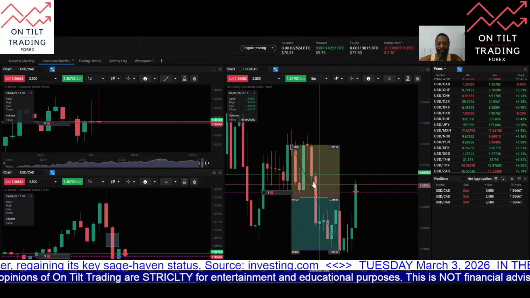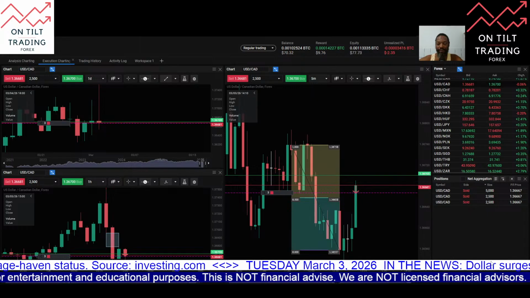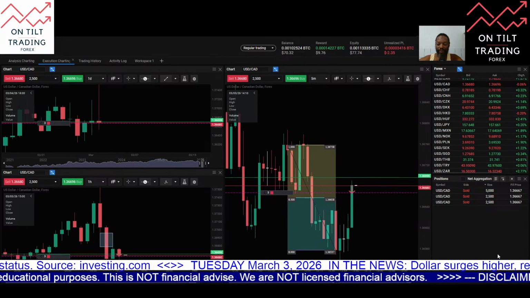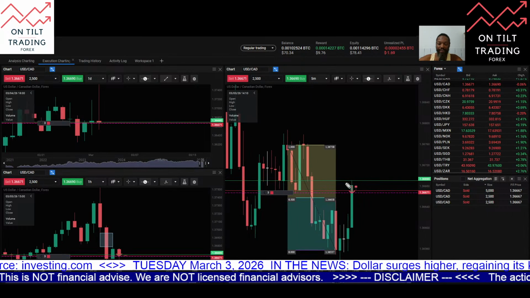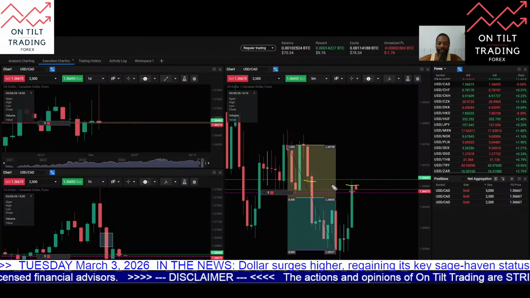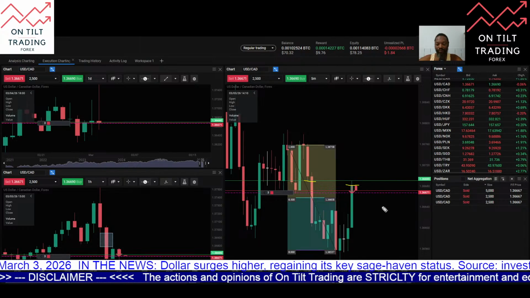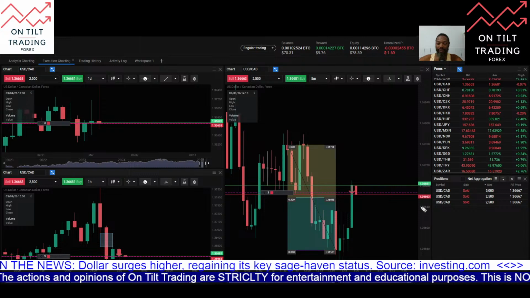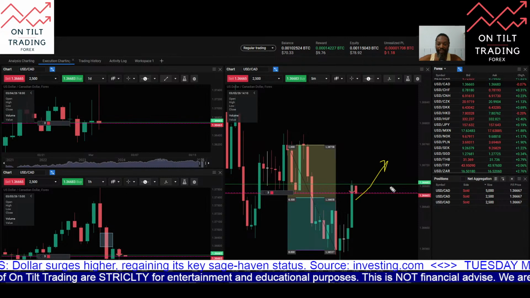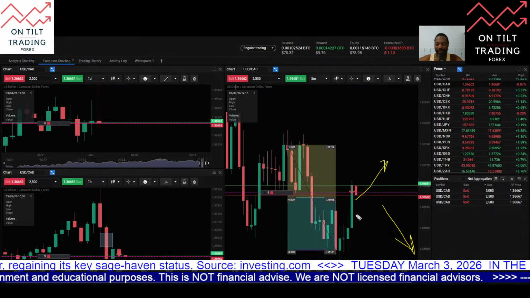Ideally, price does not disrespect the gap by closing above it here, and price closes within the gap here. So respecting the gap, but closing within it. So there is a higher probability that price would continue to the buy side as opposed to delivering to the sell side. But price action has to play out.